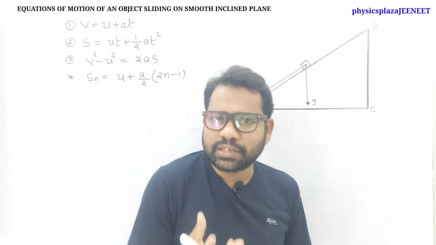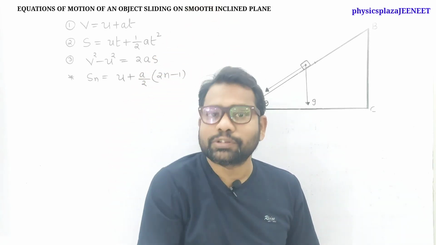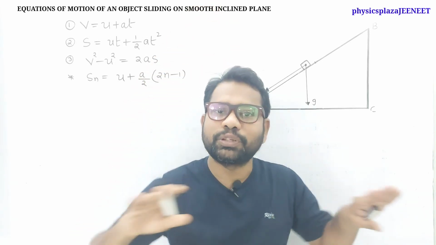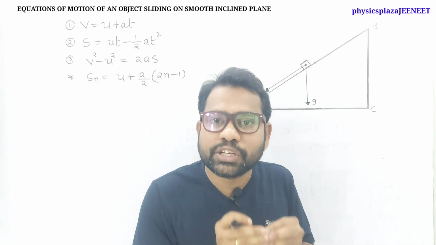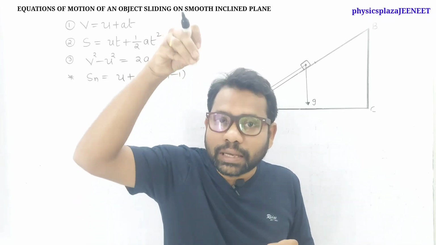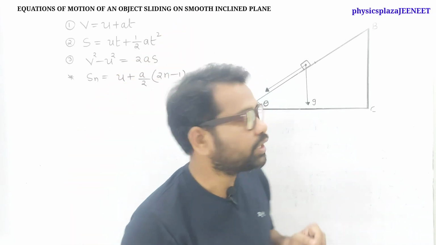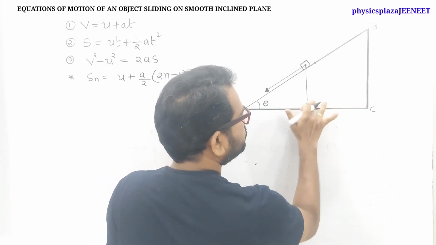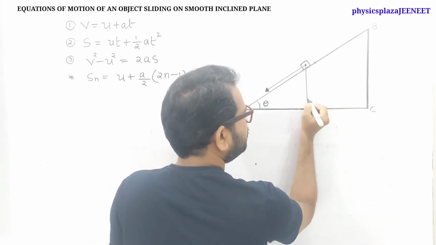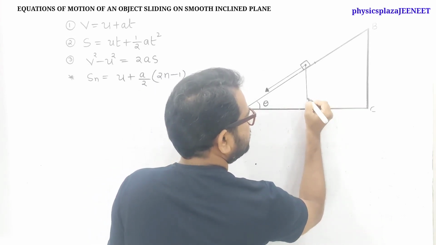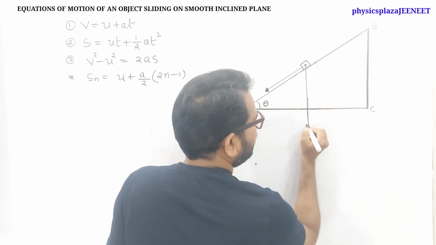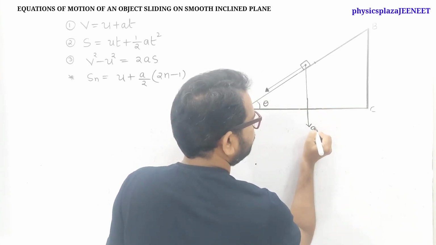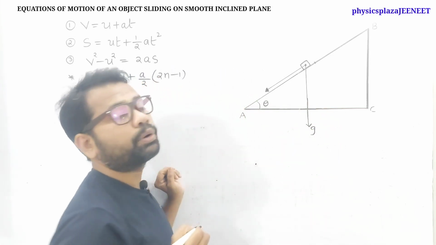Yes, the direction of acceleration due to gravity is vertically downwards only, right? Whatever may be the position of the object, the acceleration due to gravity will act in the vertically downward direction only. So that is how it is shown. Look here, this is the direction of acceleration due to gravity.